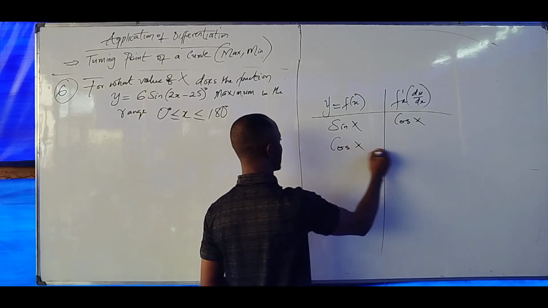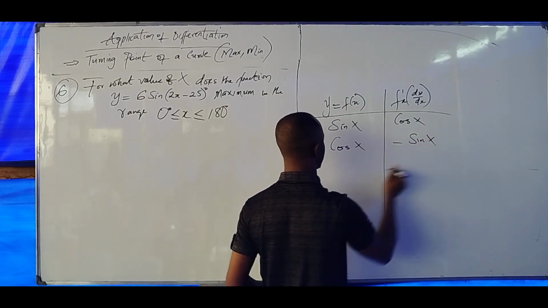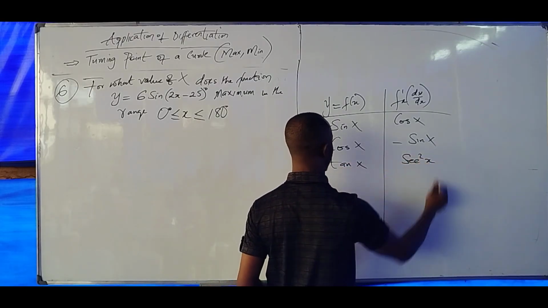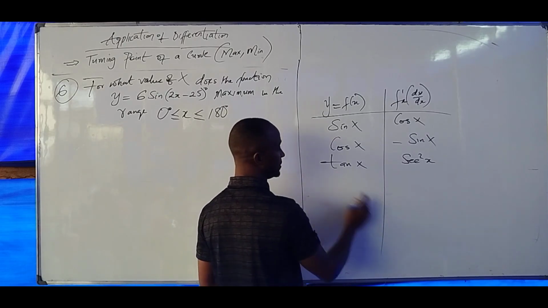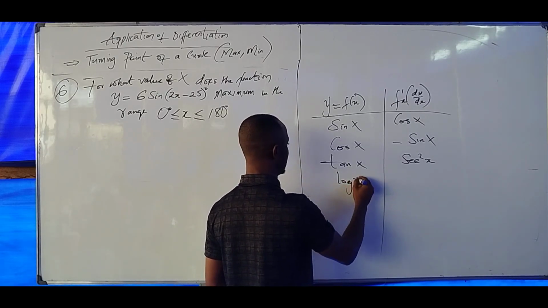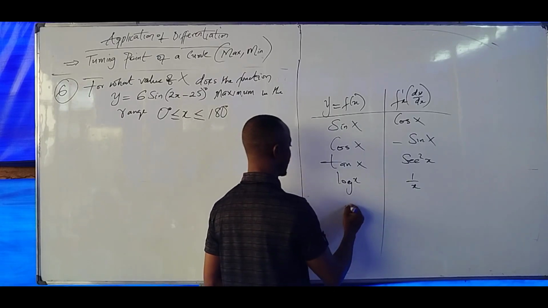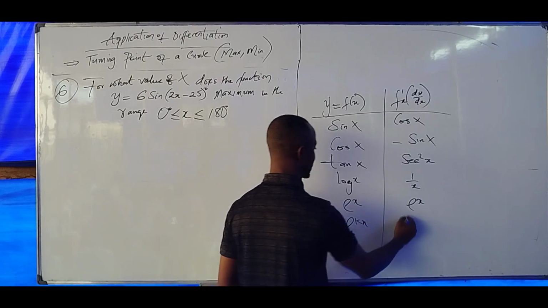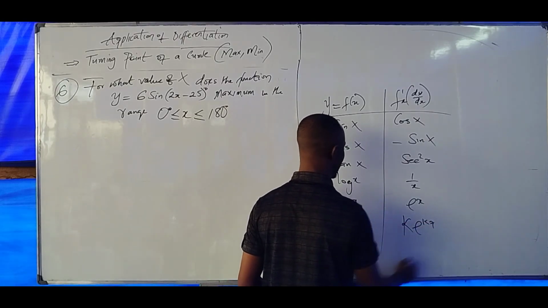Differentiate cos x is minus sine x. Differentiate tan x is sec squared x. Differentiate log x is 1 over x. Exponential x is exponential x. Exponential kx is k exponential kx. And so many of them.